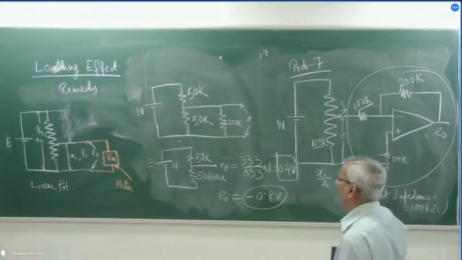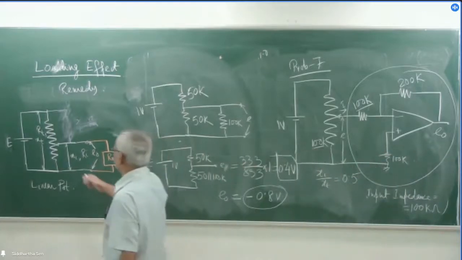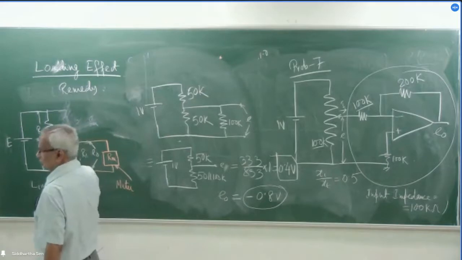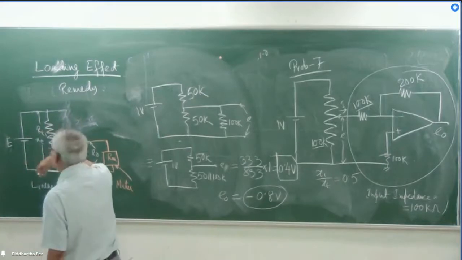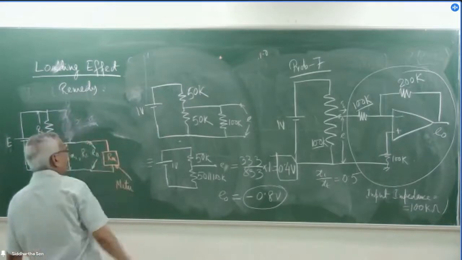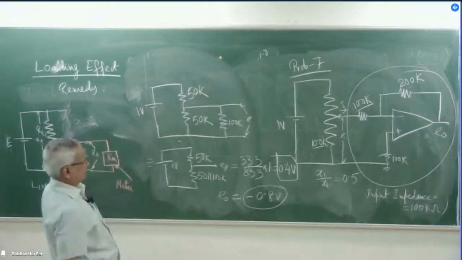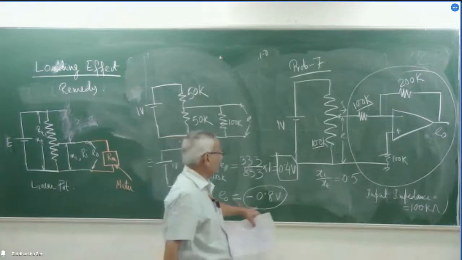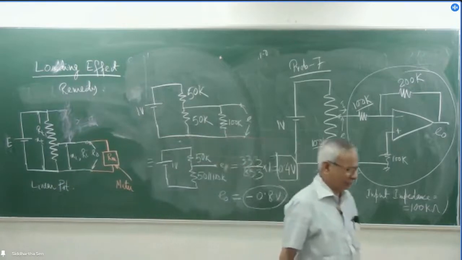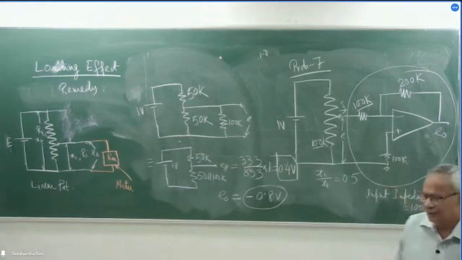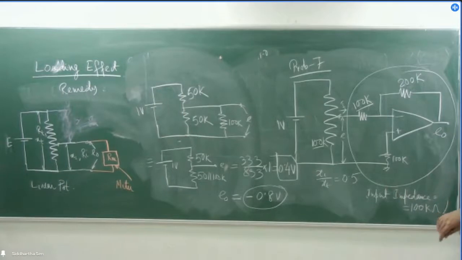If I am measuring some displacement using this potentiometer, it is not the problem of the potentiometer, but due to the inappropriate choice of the measurement system, there would be a considerable amount of error in measurement, almost 20% error.